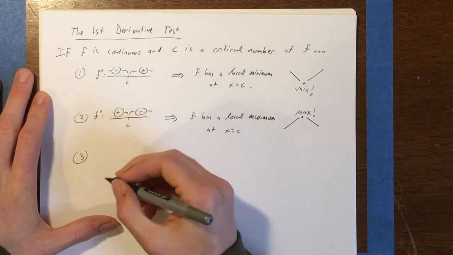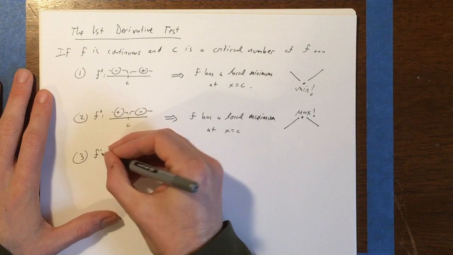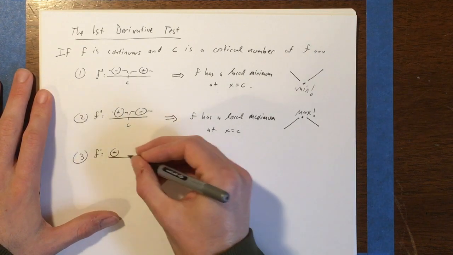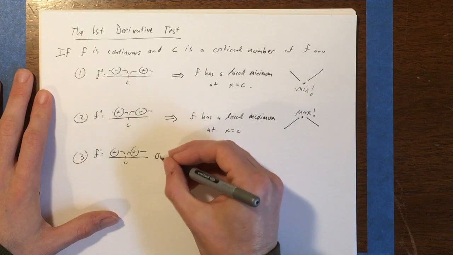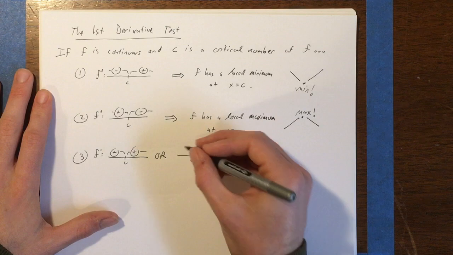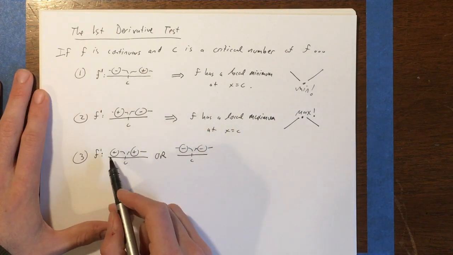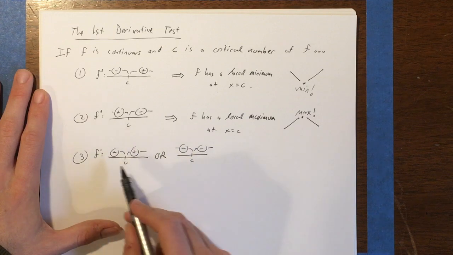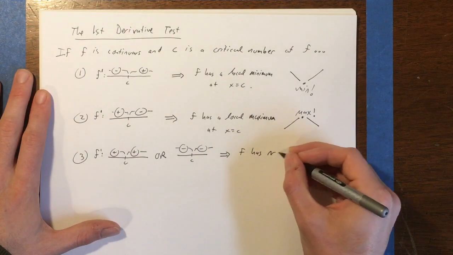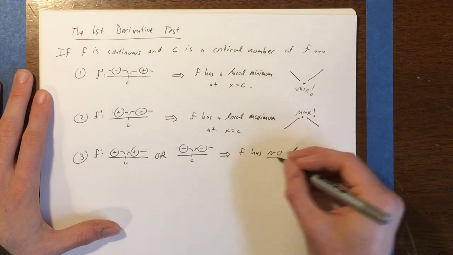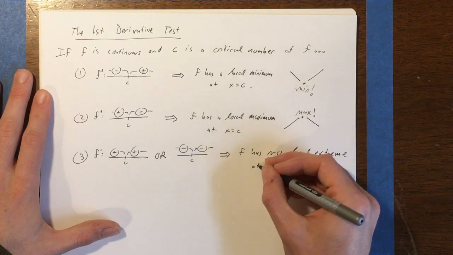And then the third case is anything else, right? So if you have positive and then still positive, so if it doesn't change sign, or if at c it goes negative and then negative, if it goes positive to positive or negative to negative, so it doesn't change sign, then that means f has no local extreme at x equals c.